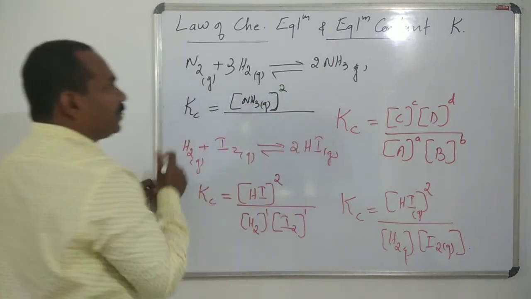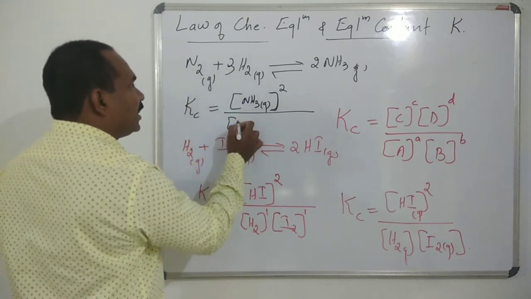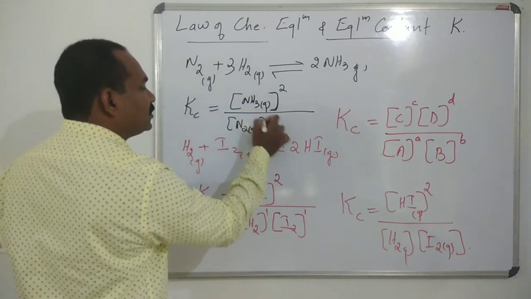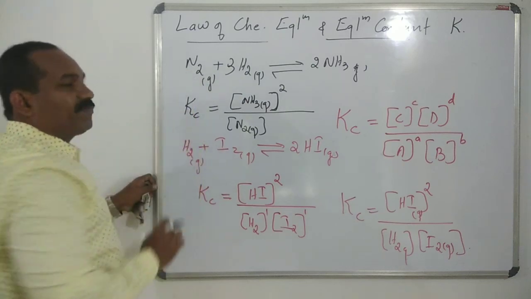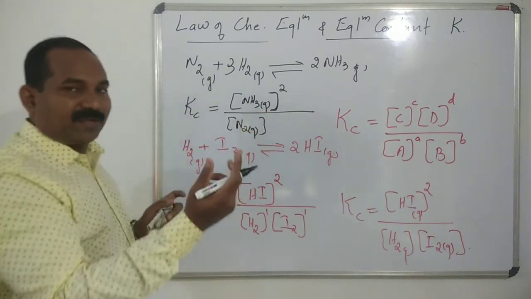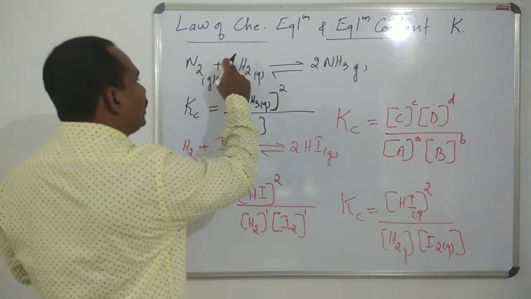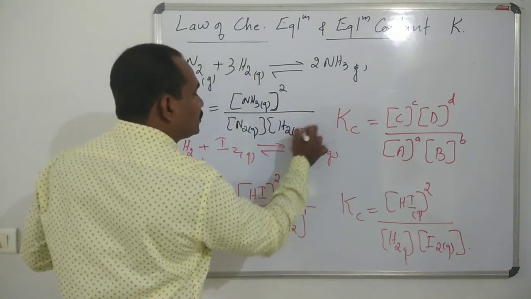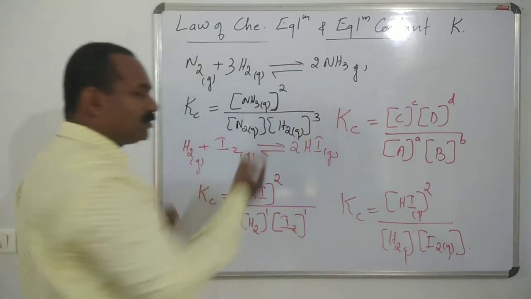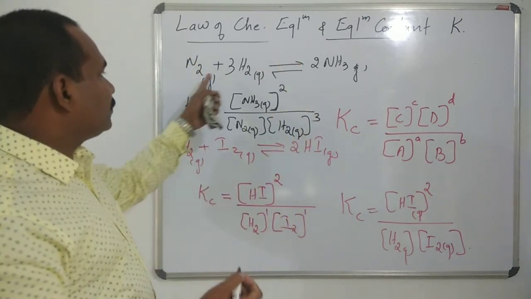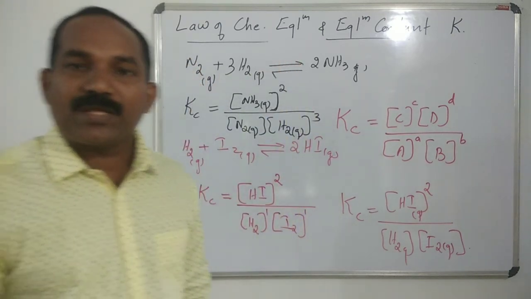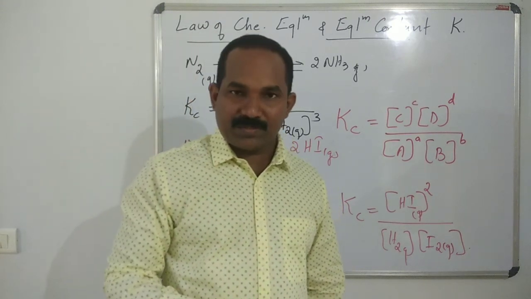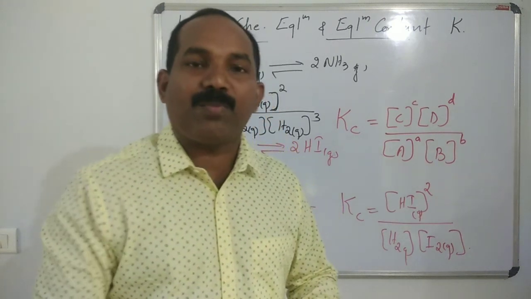Divided by the reactants: concentration of N2 gas, the stoichiometric coefficient is 1, no need to write it. And for H2 gas, the power is 3 because of the stoichiometric coefficient.